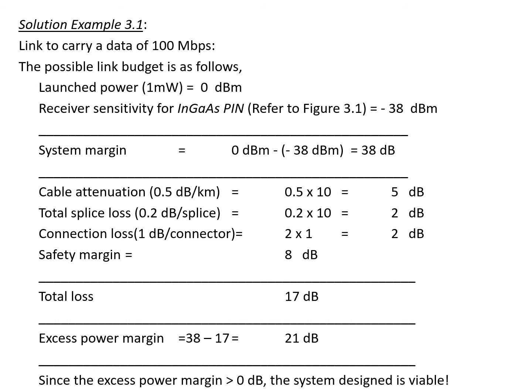Therefore, the total loss in the fiber link is 17 dB. The final step is to determine the excess power margin. From here, the excess power margin is 21 dB. Since the excess power margin is greater than 0 dB, the system is viable.